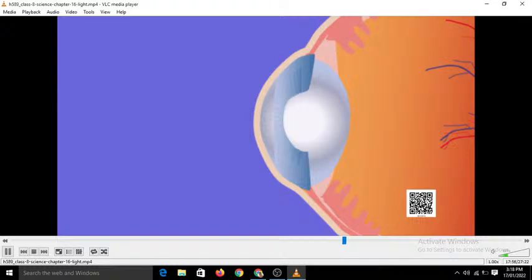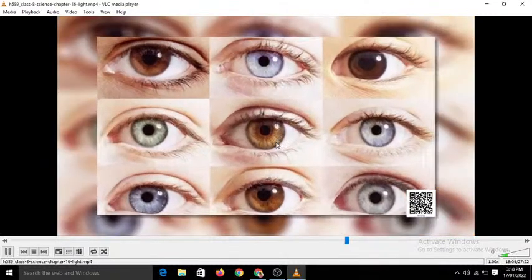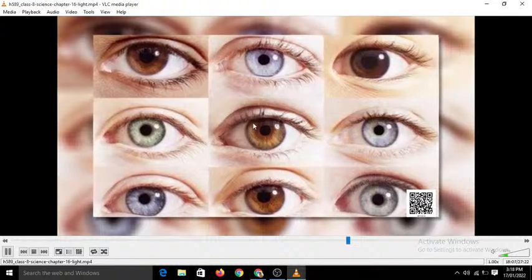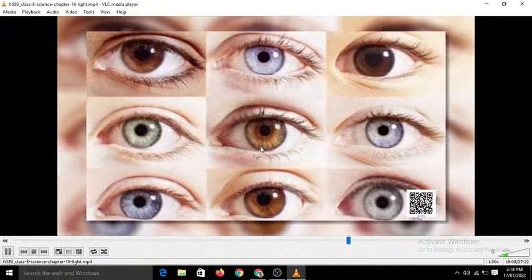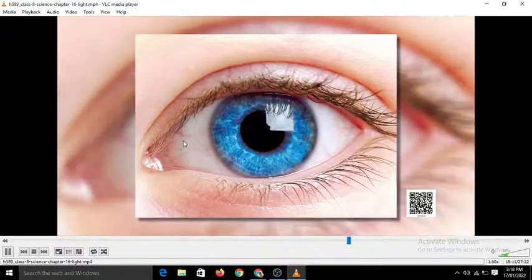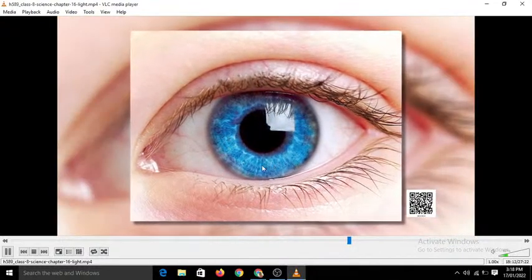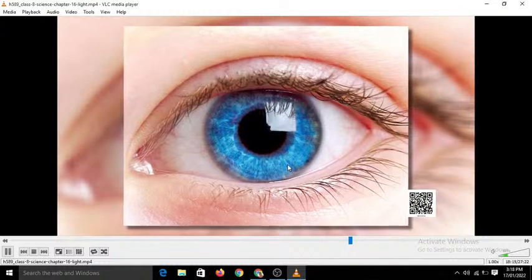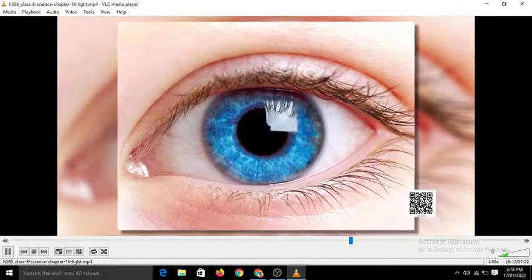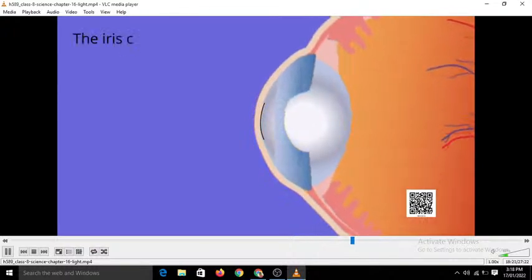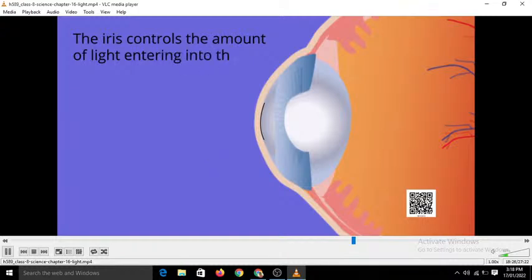Behind the cornea is a dark muscular structure called iris. The iris is that part of eye which gives it its distinctive color. When we say that a person has blue eyes, we refer actually to the color of the iris. The iris controls the amount of light entering into the eye.